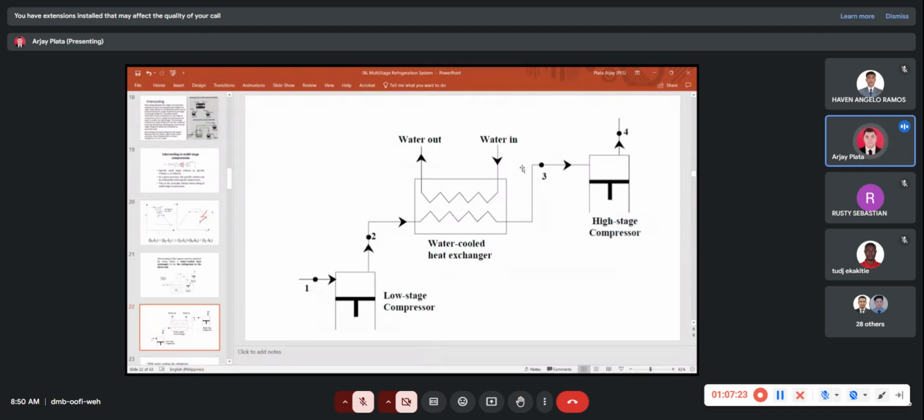Paglabas ng ating refrigerant, bababa yung kanyang pressure kasi lumamig na. Because of heat exchange, bababa yung temperature and also the specific volume. And then going to high stage compressor.